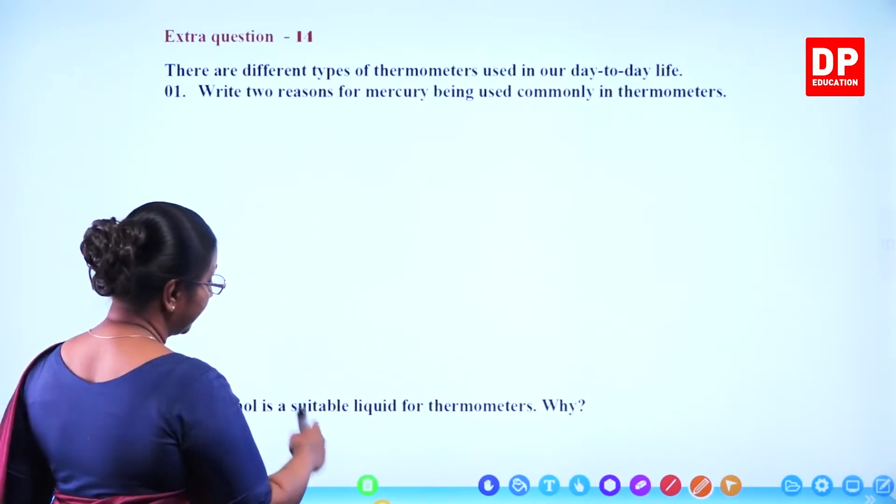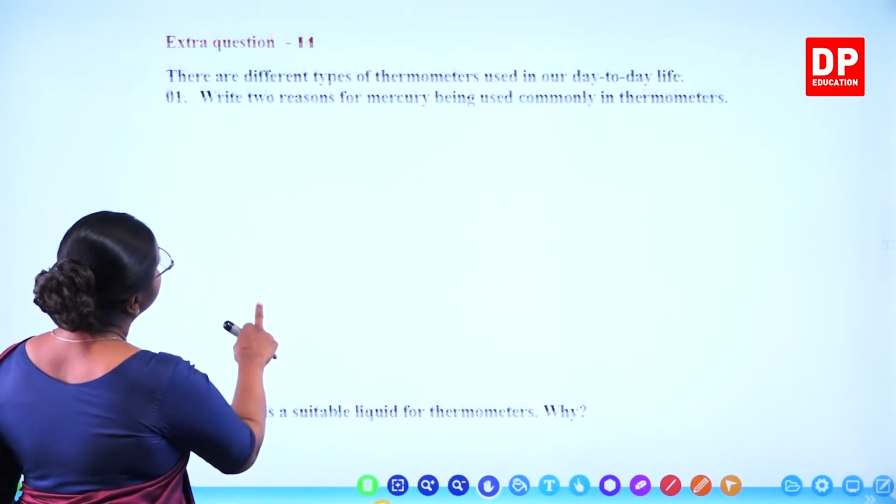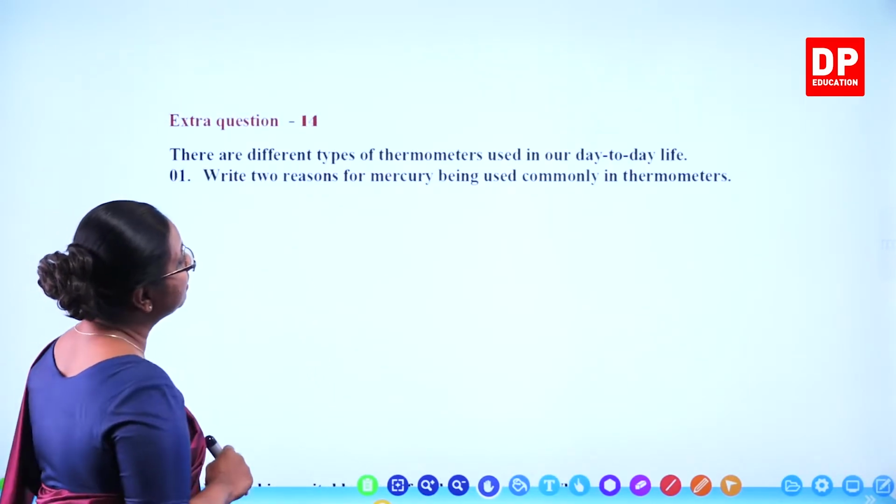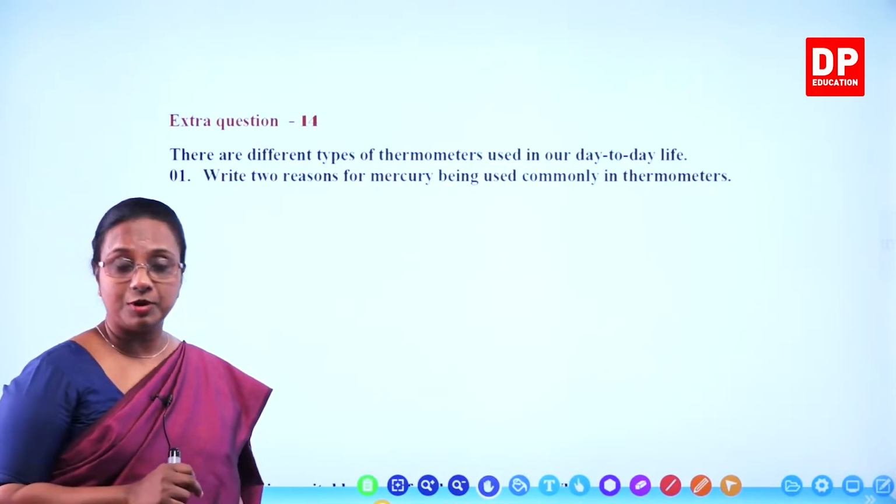So here the question is to write two reasons for mercury being used commonly in thermometers.